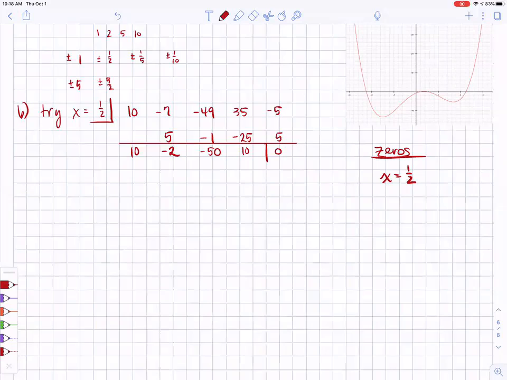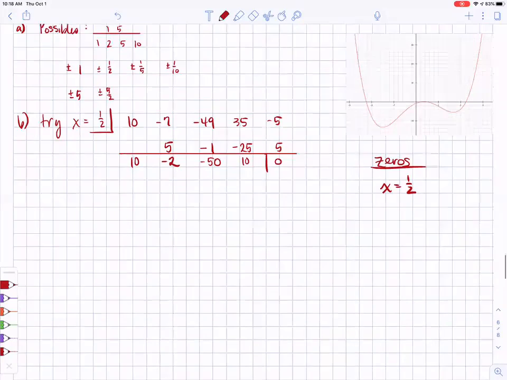Remember my depressed polynomial, what's it supposed to be right now for me to continue on? A quadratic, is it? Not yet. Do you remember what to do when it's not a quadratic? Yeah, go back to the calculator screen and let's try to match up another one.